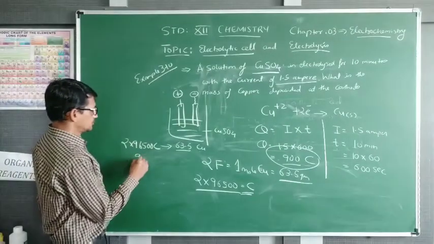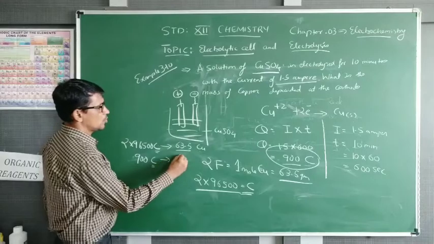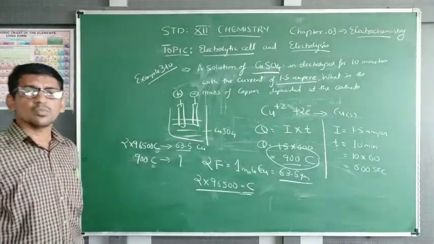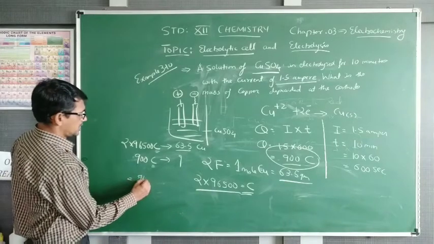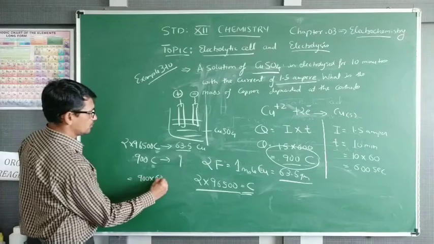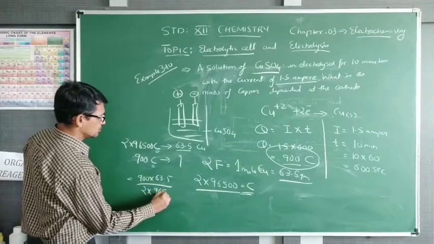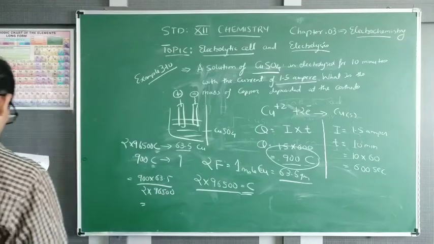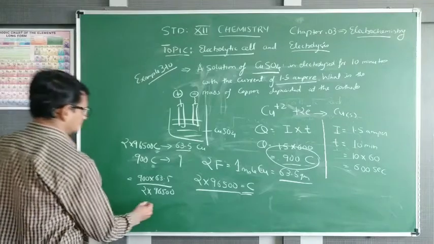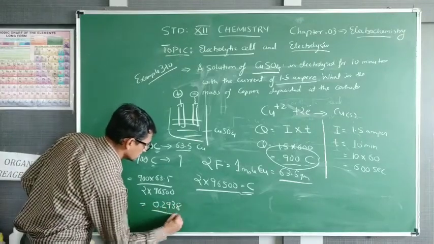Then for 900 coulombs, if you pass this current, how many grams of copper will be deposited? If you multiply 900 into 63.5 divided by 2 into 96500, then the answer will be 0.2938 grams.